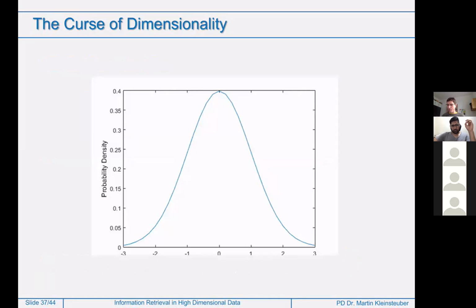Another interesting thing of what's happening in high dimension is the following. If you look at the Gaussian normal distribution here, and you start with drawing a sample like that, you would probably lie here, for example. Okay, so that could be one realization at that point.